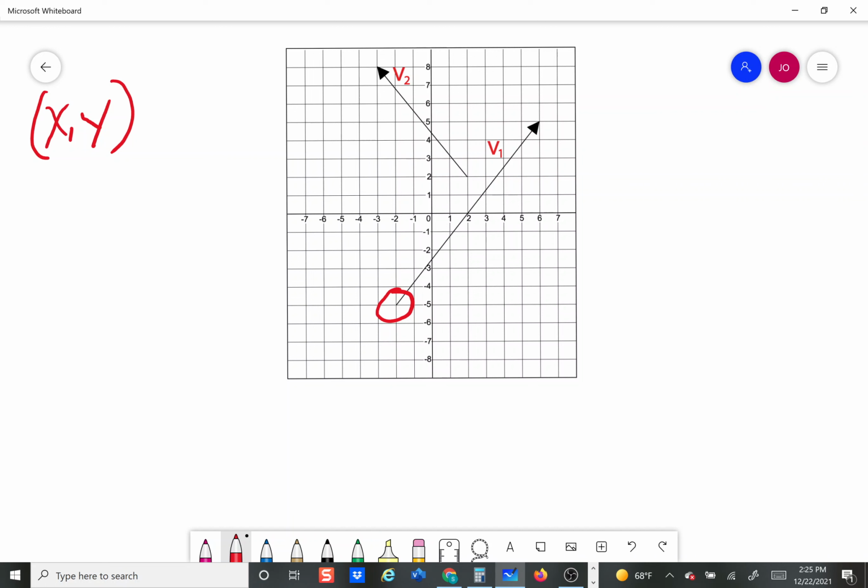If we look at our X value, which is based on the horizontal, we can see that that is at -2. So my initial point for vector 1 is -2 on the x-axis, and on the y-axis it is -5. We can see it right there, -5.